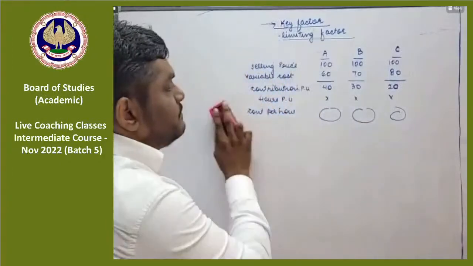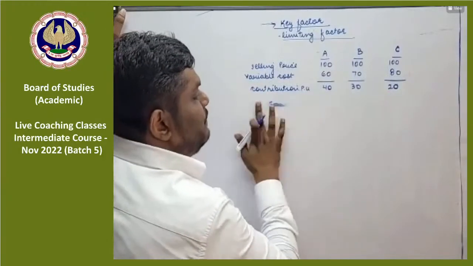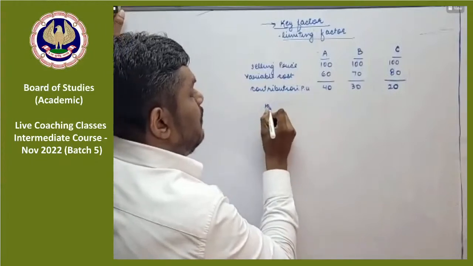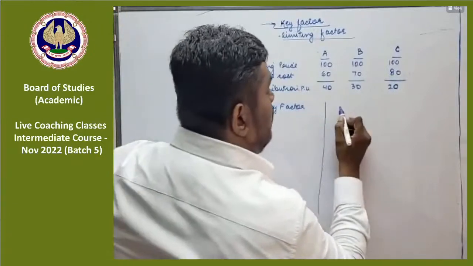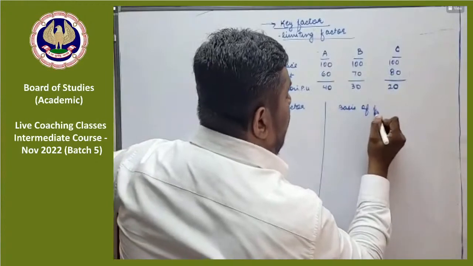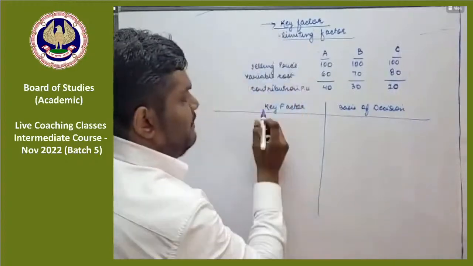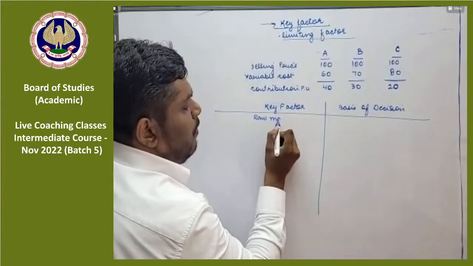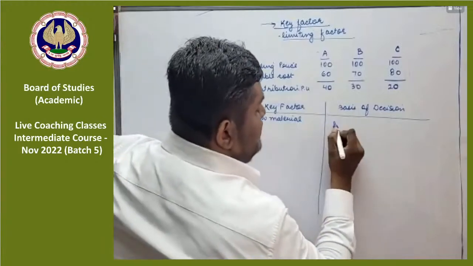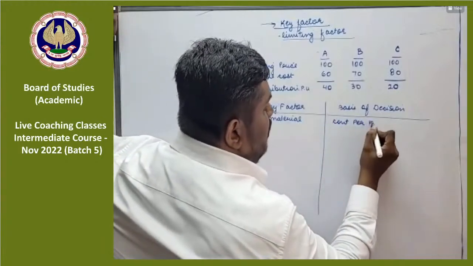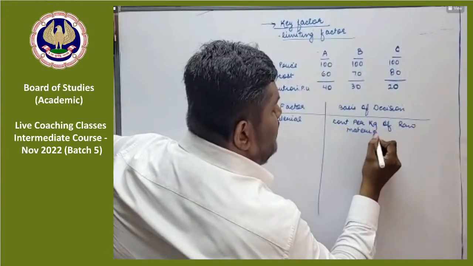So accordingly, if raw material is my key factor, the base on which I will take the decision is contribution per kg of raw material.